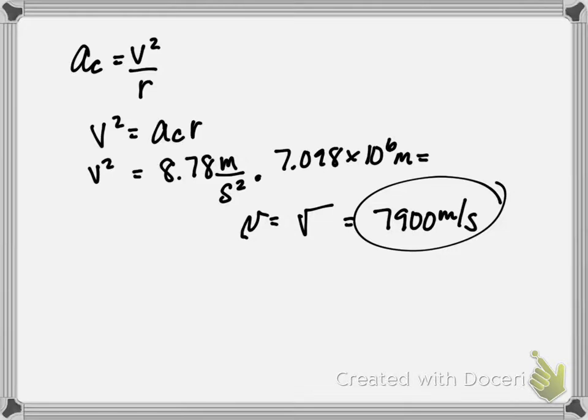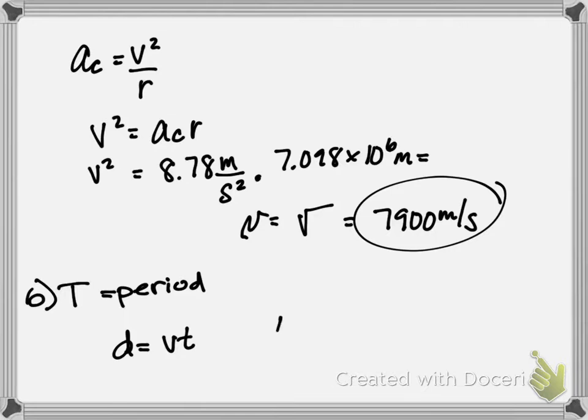Then we need the time for one orbit, and like I said, that's called T for the period. When we do this, since we have these objects in uniform circular motion, it means the speed is constant. The velocity is changing, but the speed is constant. And the great thing about that is that we can just use distance equals speed times time for this.